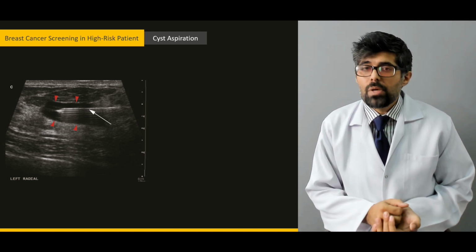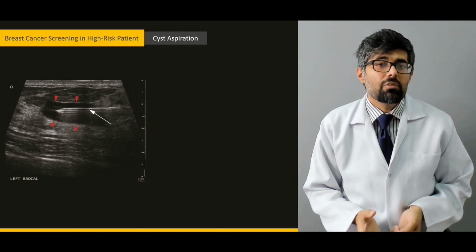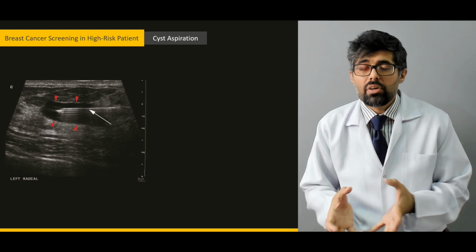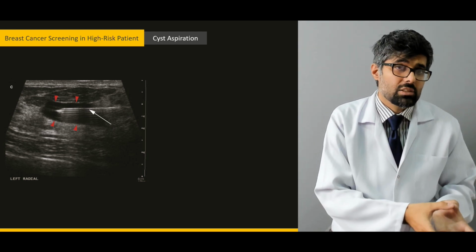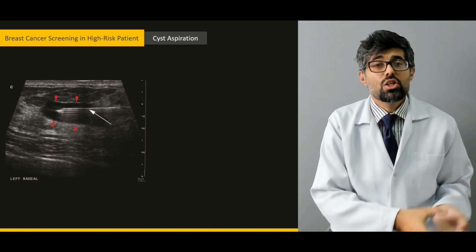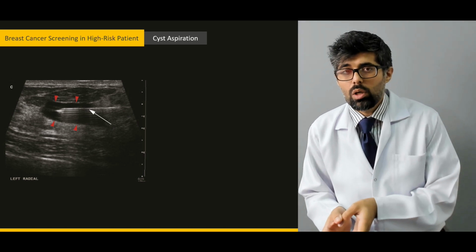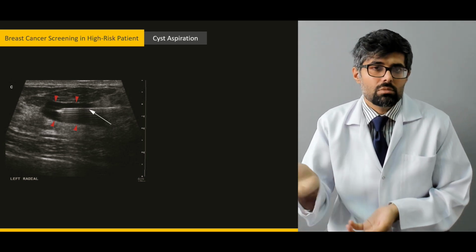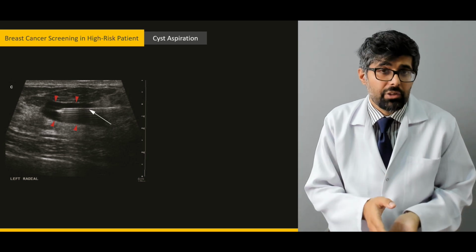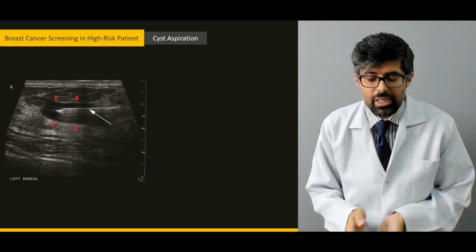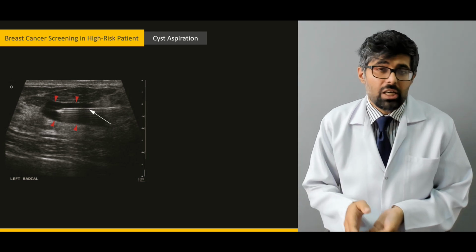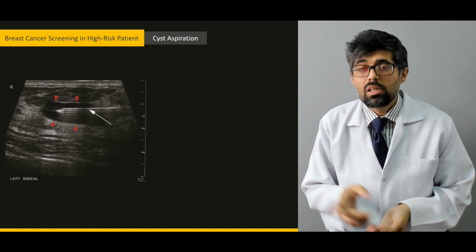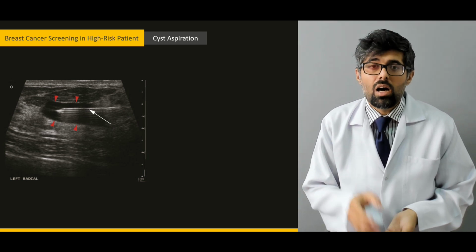The third type of patient which is considered high risk is the one who has some kind of indication or characteristic on her screening test. So from the screening mammogram, she moves on to the diagnostic one. So these patients who have either characteristics of malignancy on their screening test, or they have some kind of genetic markers, or they have a relative who had breast cancer premenopausally, these patients are considered high risk.